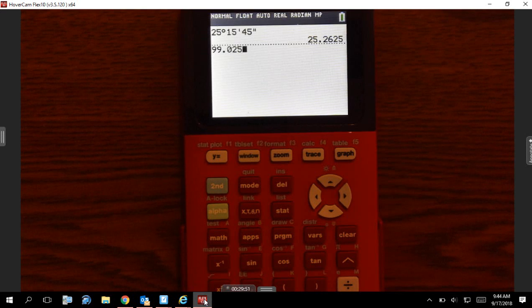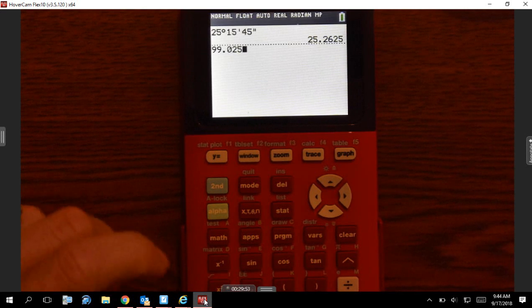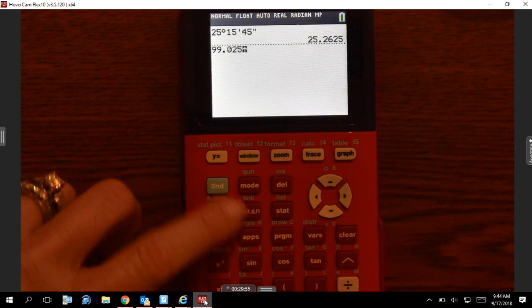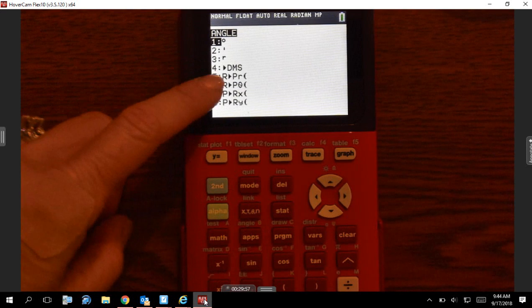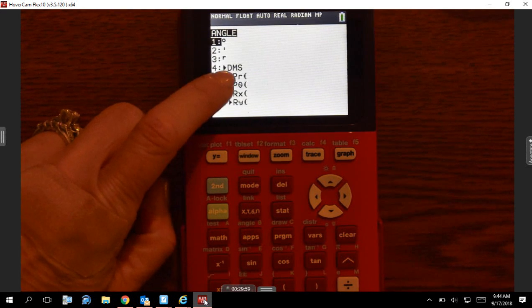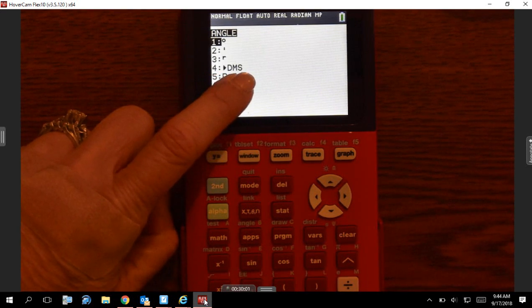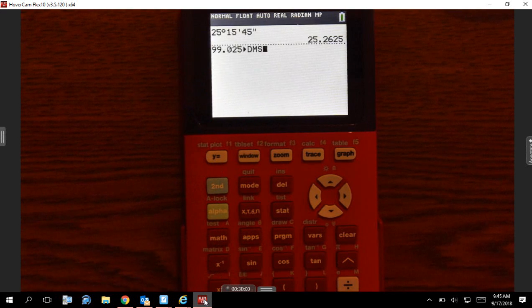To do that, it is also under the angle button, so second apps or angle, and you'll see choice number 4 says DMS, degrees, minutes, seconds. So choice 4, enter, done. 99 degrees, 1 minute, 30 seconds.